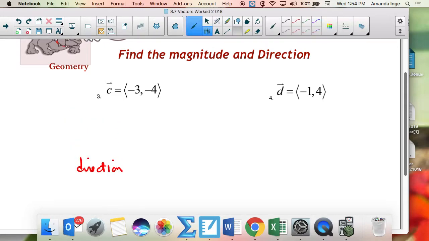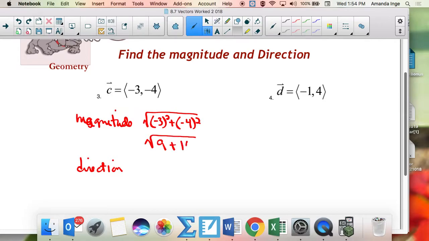Magnitude. Let's stay consistent. Magnitude. So when we square these and add them together, we get the square root of 25, so the magnitude is 5. So that would be the length of a vector.